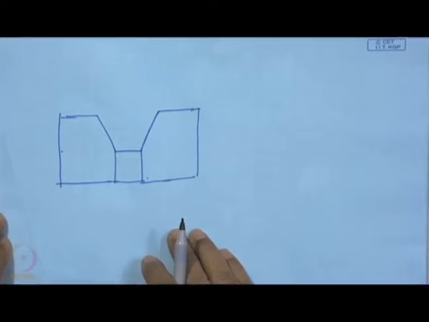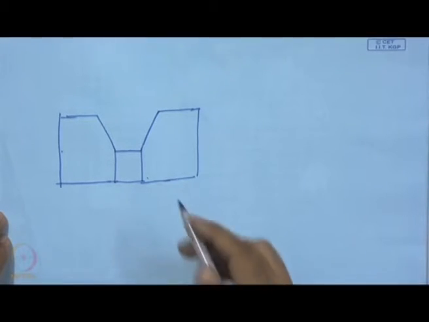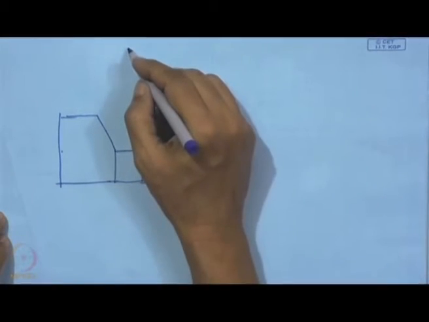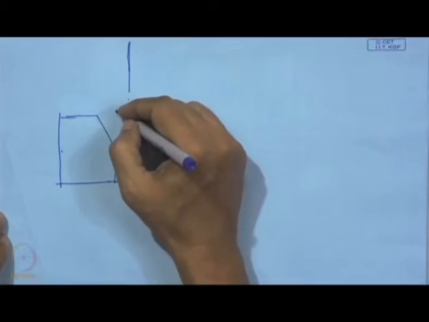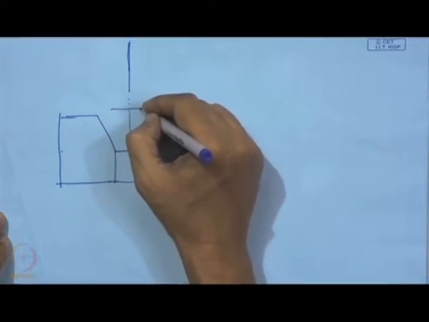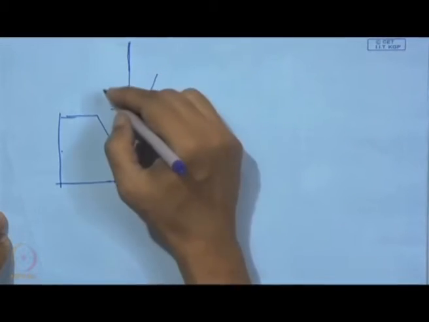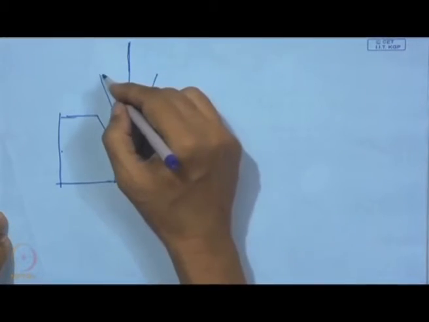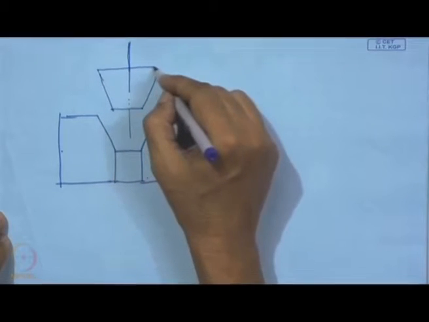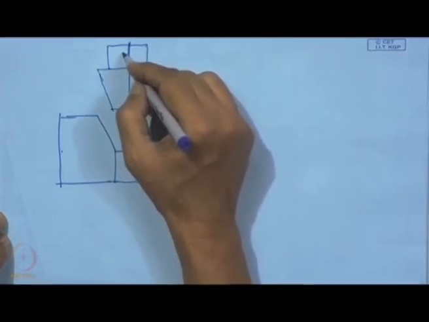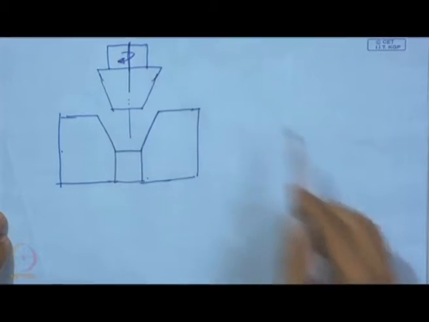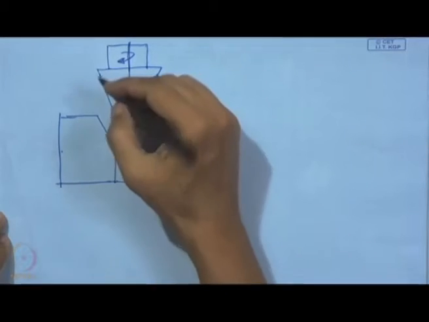So, how to improve its fatigue life is one consideration, and this can be well handled by one burnishing tool, and it can be placed here something like this. This is like a spindle which is spinning at a very high speed, and now we have here the rollers.